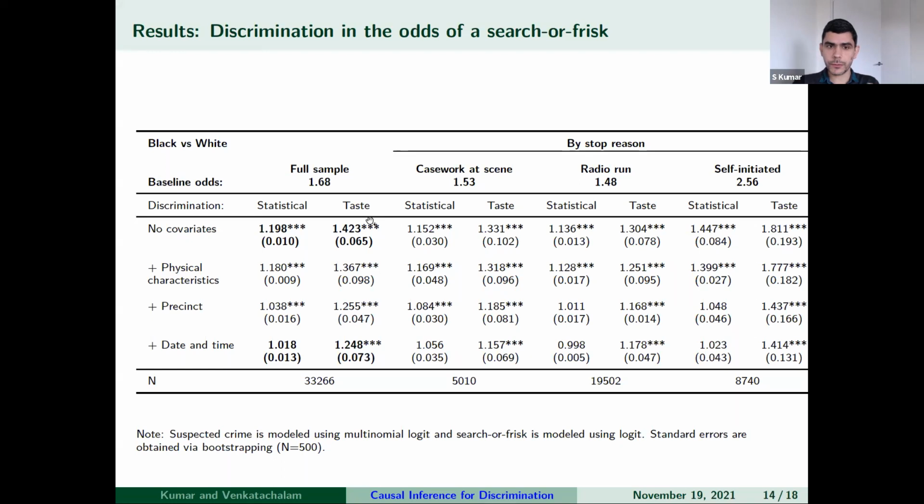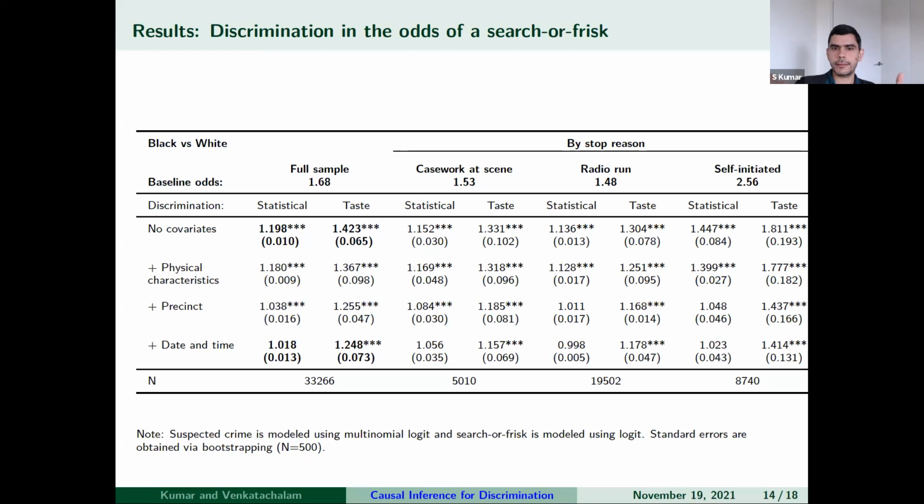Compare both these figures with the observed odds, which is 1.68, so roughly 70% higher. So neither taste nor statistical discrimination is going to fully account for what's happening. There is obviously a lot of variation being explained by these other covariates, precinct, physical characteristics, and so on. Nevertheless, these are the estimates corresponding to this causal model for statistical and taste discrimination.